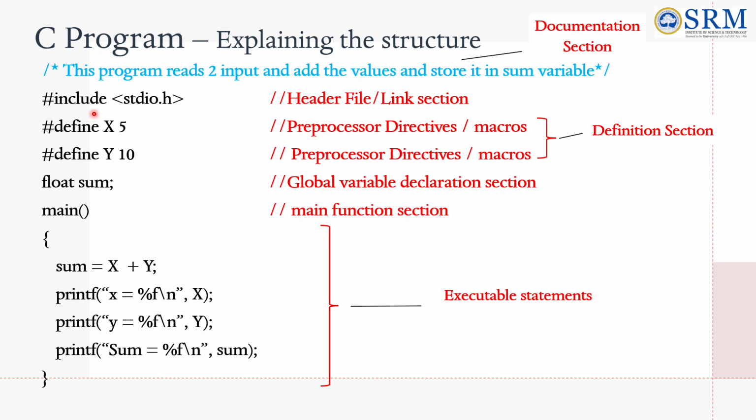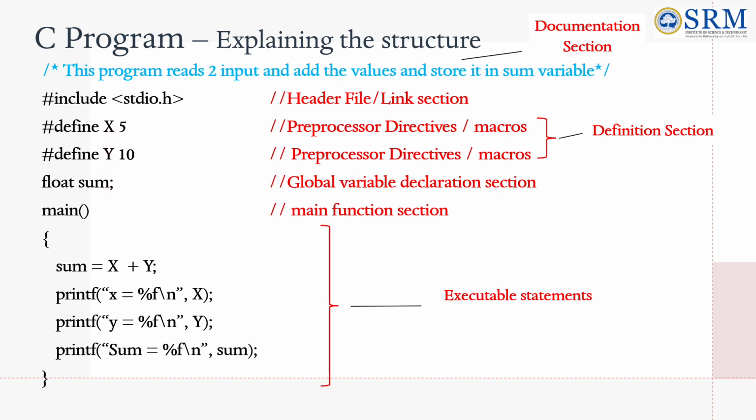Even #include is also a preprocessor directive. #include is used for linking the header file with our program, while #define is used to define the value for the macro in the program. Macros are written in capital letters.